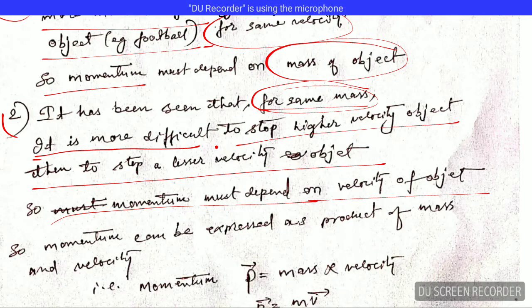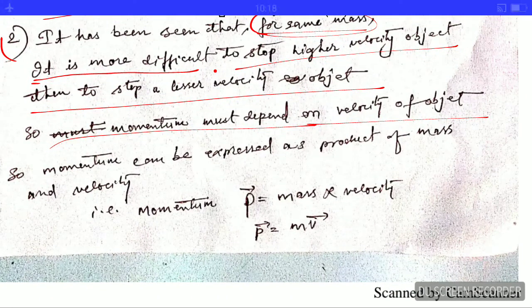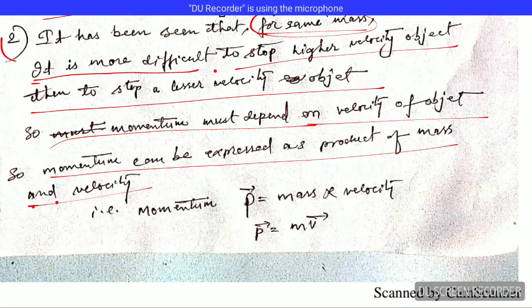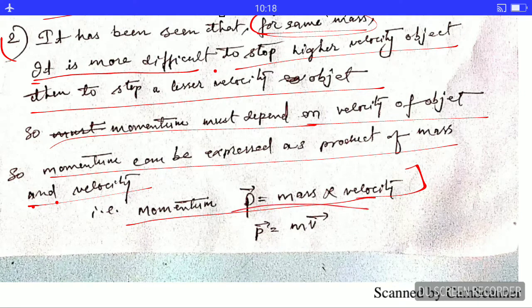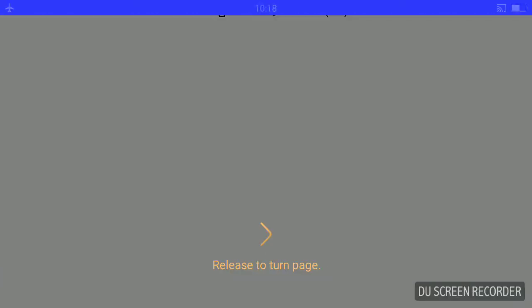If the object has more velocity, it has more momentum, and it will be more difficult to stop that object. So momentum can be expressed as the product of mass and velocity. Momentum depends on mass and velocity, so momentum must be equal to the product of mass and velocity. That is why momentum p equals mv.